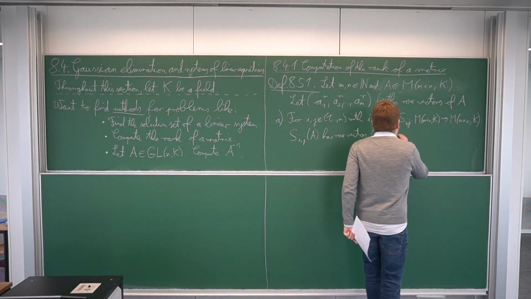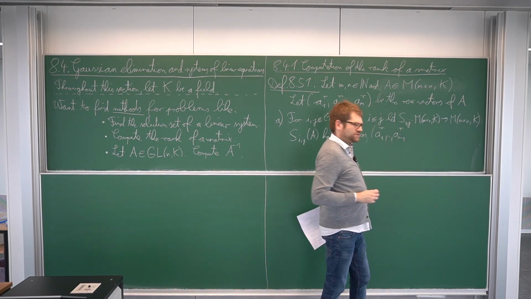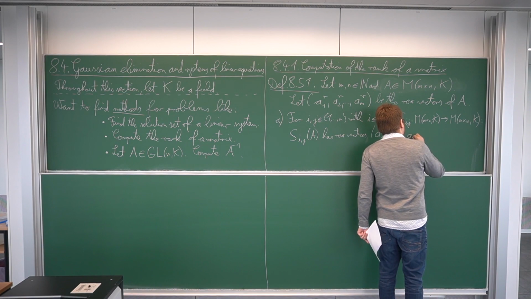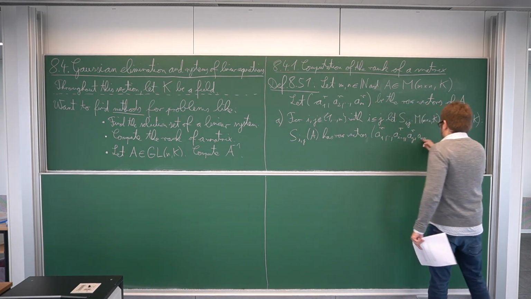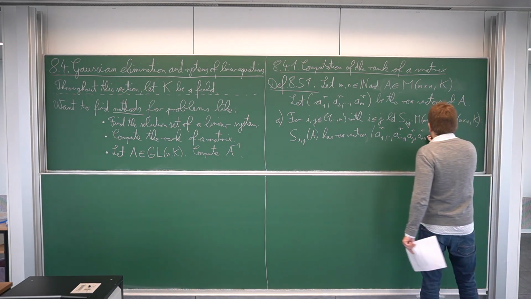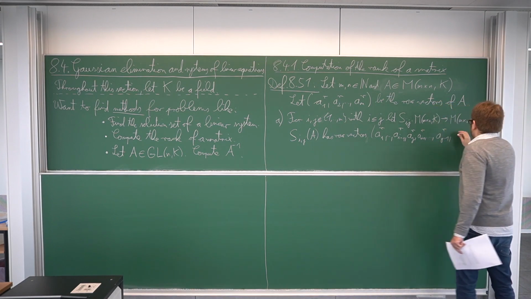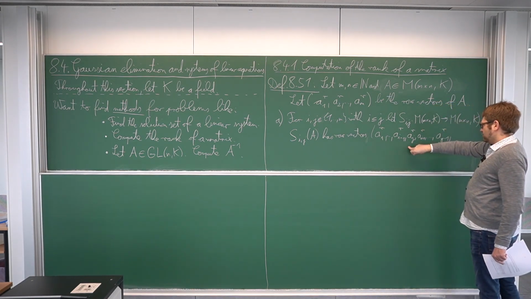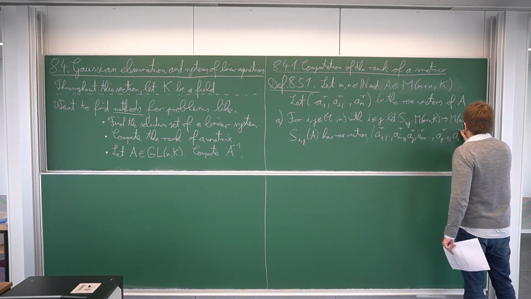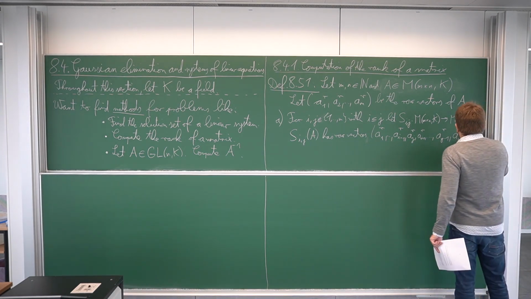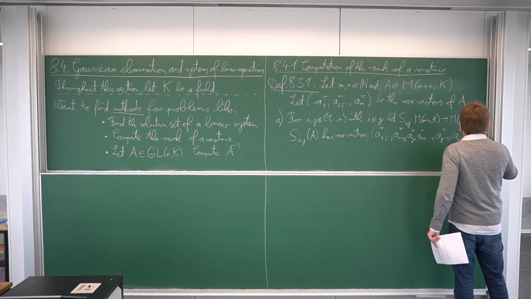So the first i minus 1 rows stay the same. Then the ith row is replaced by the jth row. Then we go on with the i plus first row until the j minus first row. And here we've replaced the ith row by the jth row, and here we replace the jth row by the ith row. So here it's AiR, and then we continue with A(j+1)R to AmR.